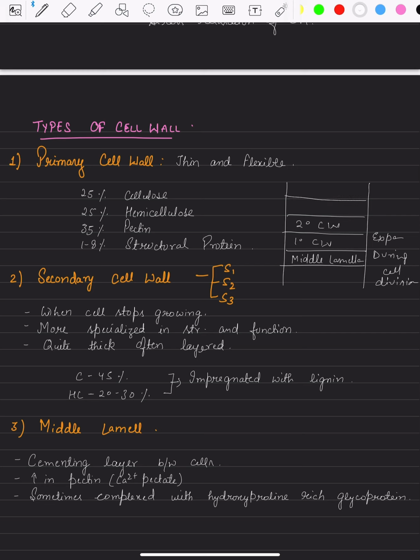After that, the layer of plasma membrane is there. You can see here how the arrangement is, how these layers are aligned with their time of deposition during the origin, growth as well as differentiation of the cell wall. This middle lamella is rich in pectin, and this is the first layer deposited. This is a point to remember.